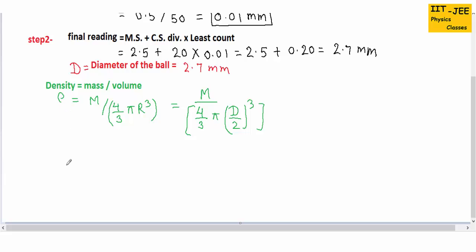So here for rho we will write delta rho over rho equals, for m we will write delta m over m, and here 4 by 3 pi and 2, these terms are constant and constants don't have errors. So we will not write anything for these terms, only D is the variable. So for this we will write delta D over D. You can see D is cubed here, so the power will come in as multiplication.